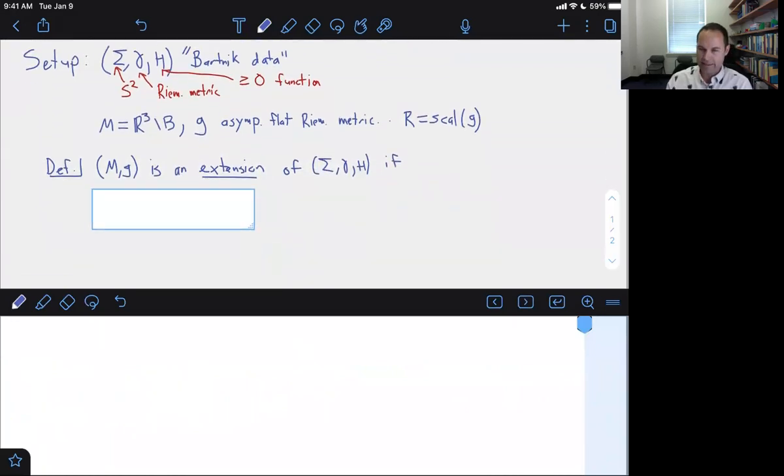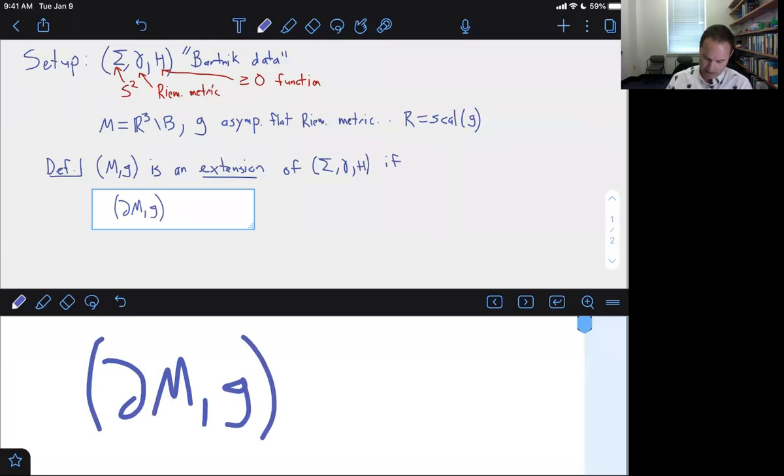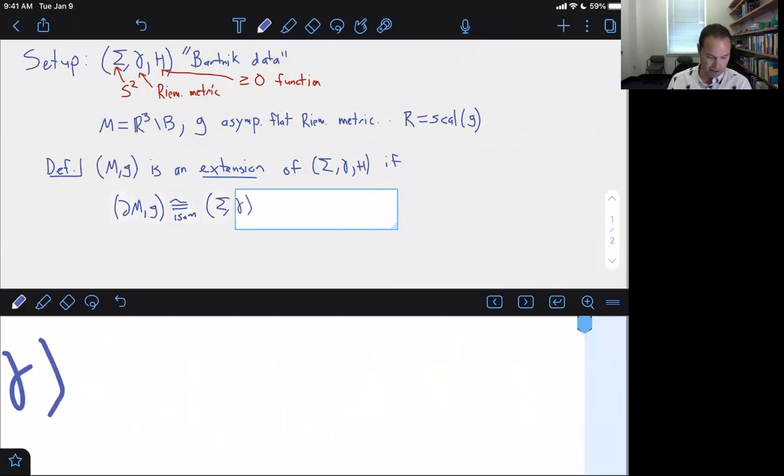Apologies, we've seen similar definitions like this already today a couple times, but the idea is if the boundary with its induced metric is isometric to sigma with its Riemannian metric gamma. Okay, so that's what we mean. The metrics patch together.